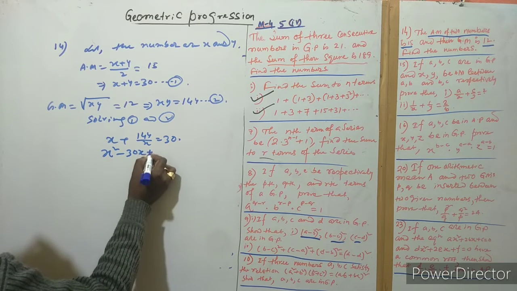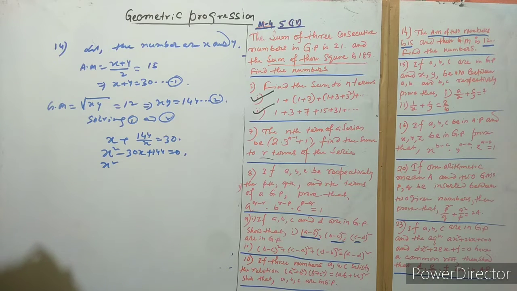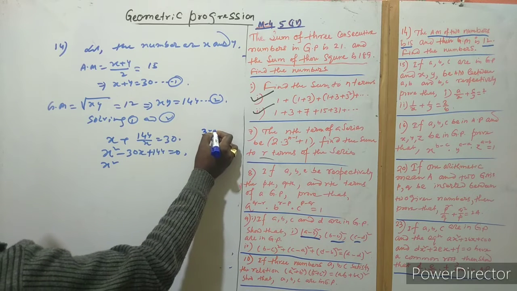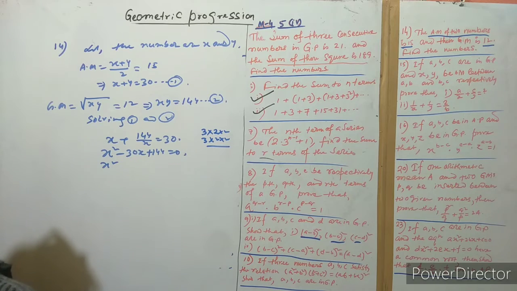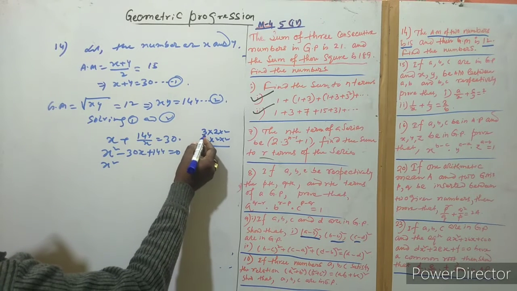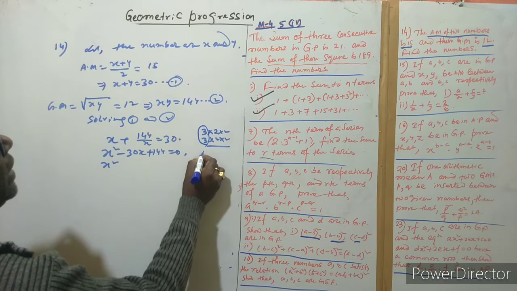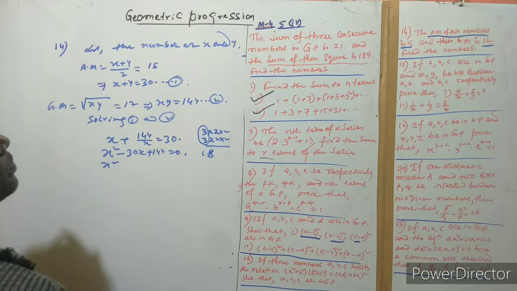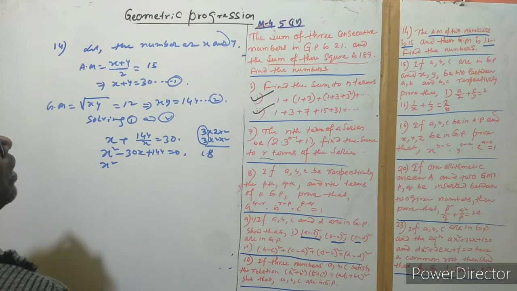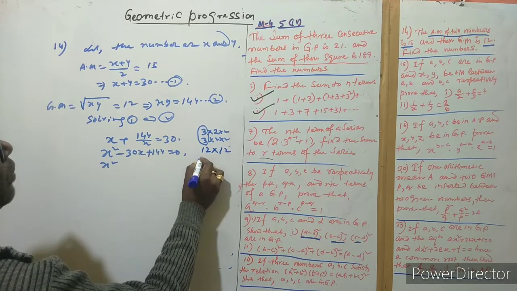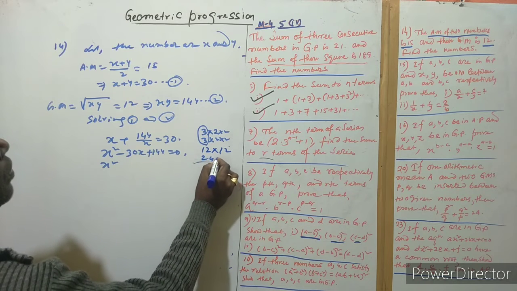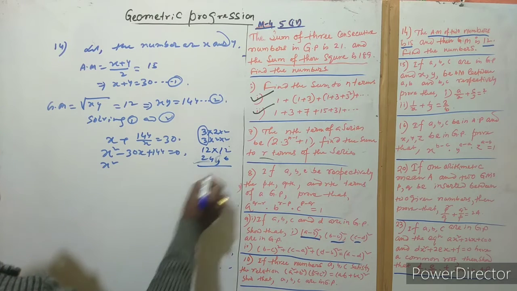So X square minus 30X plus 144 equal to 0. Now we want to split the middle term. 12 into 12 gives 144, and we can write 24 and 6, which if added, we get 30.